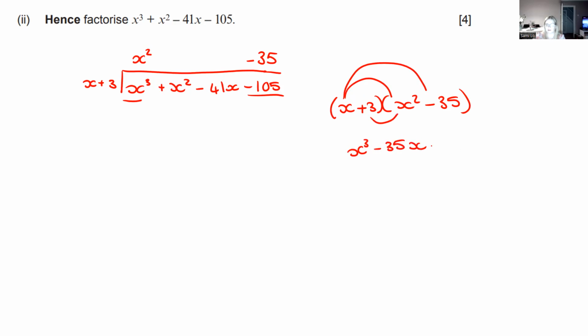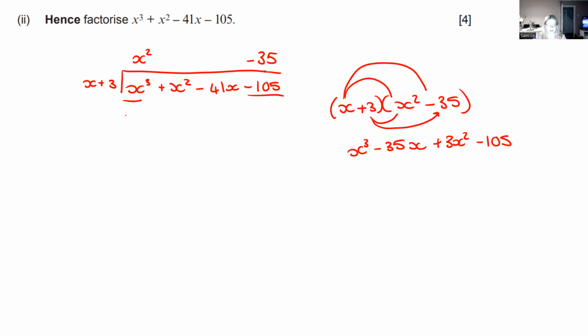And then inwards plus 3x squared. And then the last one, minus 105. Now what we're going to do is take away each term. So it does get a little bit confusing if you put your minuses in separately. So what I tend to do is, if it's not becoming a takeaway, I put a plus there.